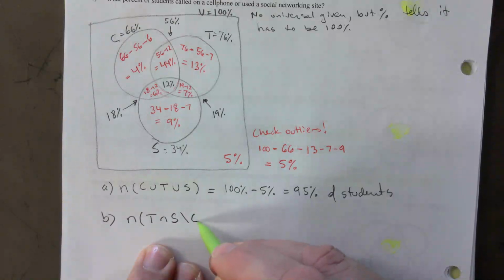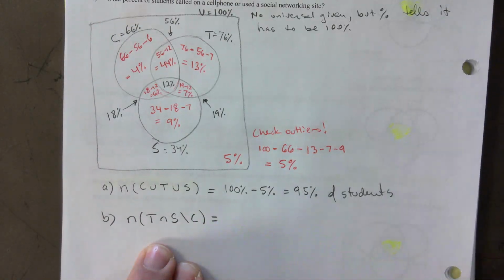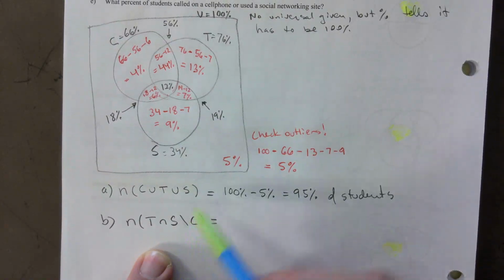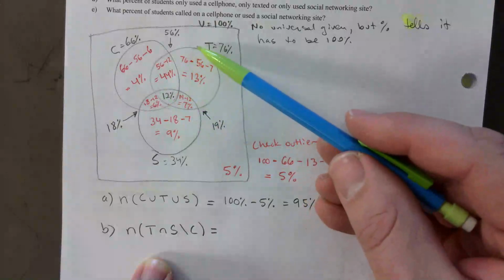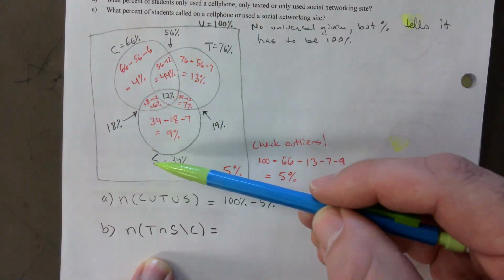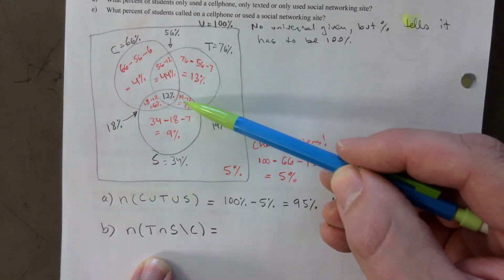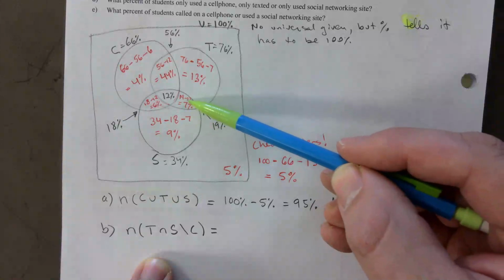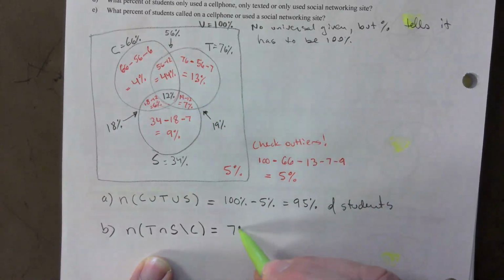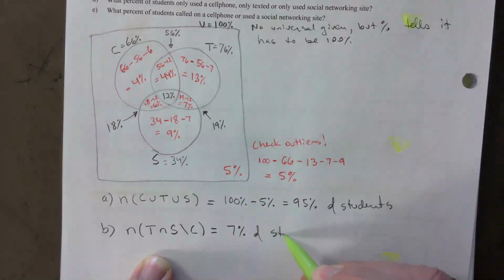I got it. Tricky. Which region is this asking for? Texting and, right? So texting and social networking, but not cell phone. So it's just asking for that 7% here. That's the region we're talking about. That'd be 7% of students.